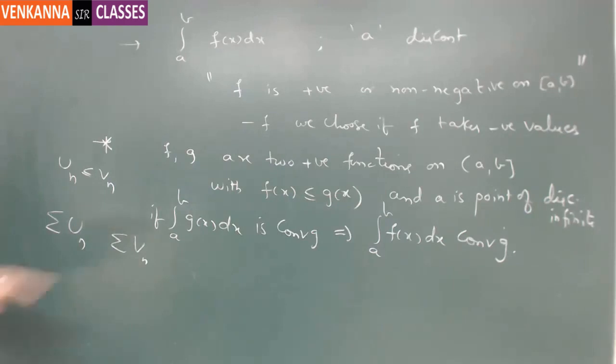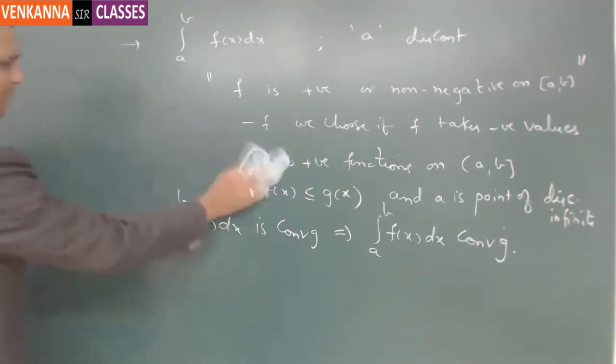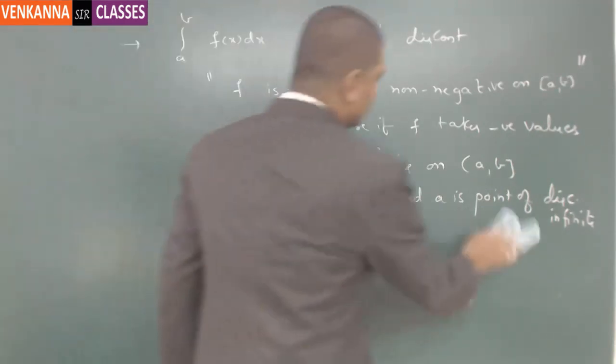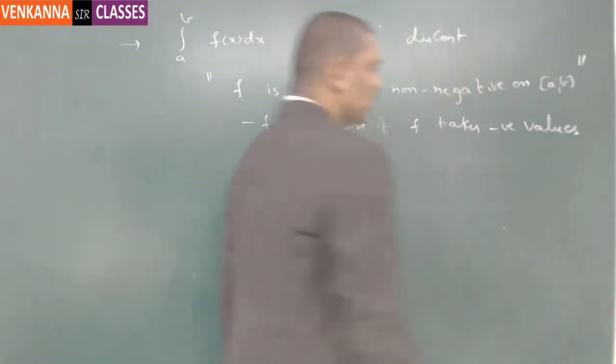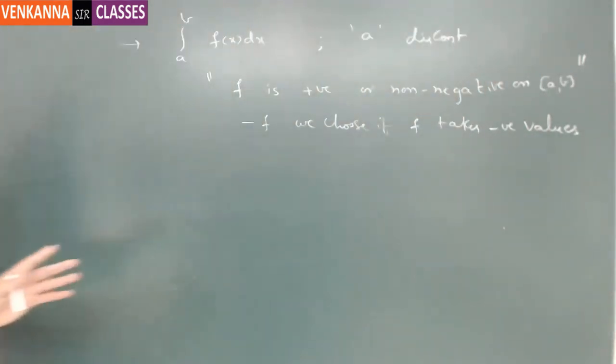So can I give the second illustration, the comparison test? The test condition given here, we use occasionally, not for every problem. The second comparison test, we call it the limit comparison test, which we will use for every problem.